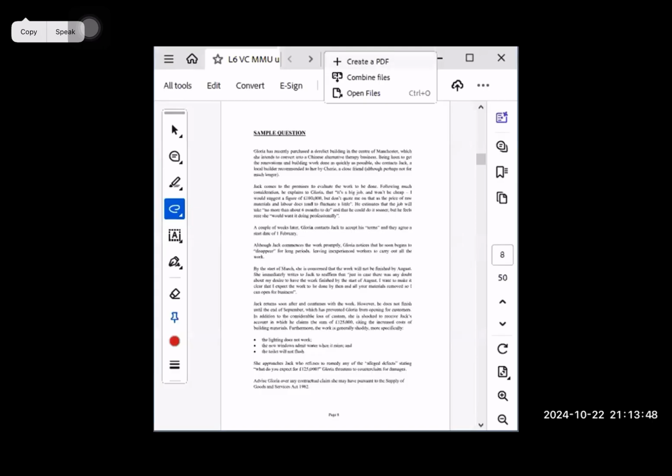Once you've done that, make sure it is the 1982 Act that applies and not the Sale of Goods Act. Of course, exam technique will tell you if there is already a question on the Sale of Goods Act, then you won't be given two questions on the same thing. So this one really does have to be the 1982 Act question.